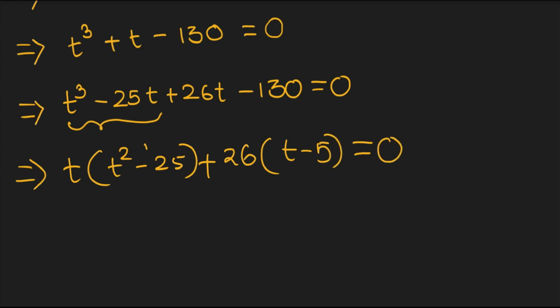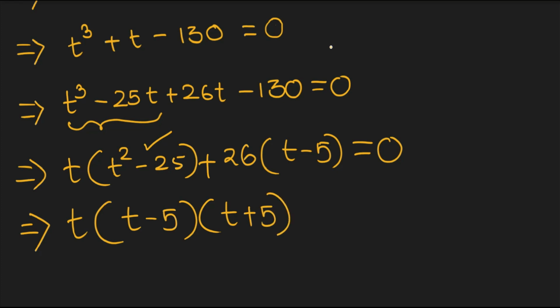Now we can see that t square minus 25 is 5 square. As it is a square minus b square, we can write it as t minus 5 multiplied with t plus 5, plus 26 multiplied with t minus 5, is equal to 0.